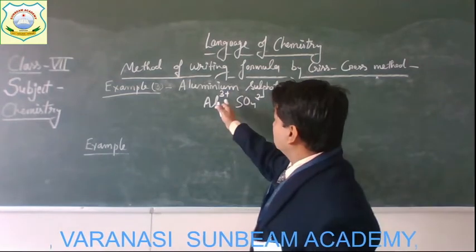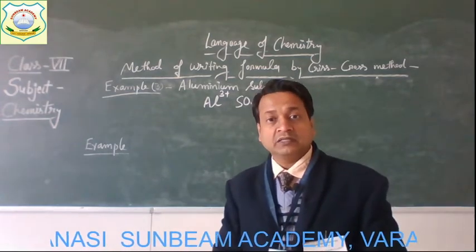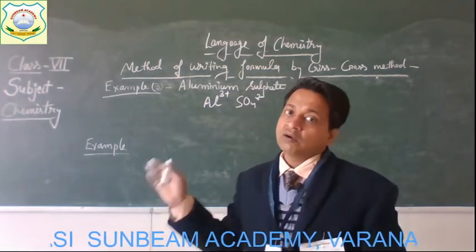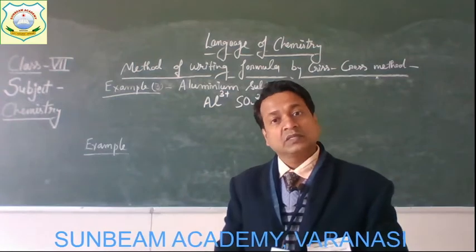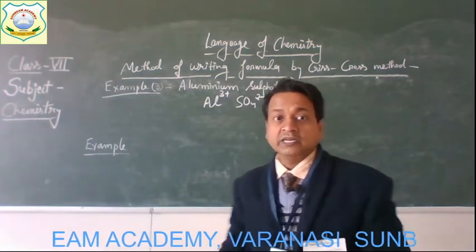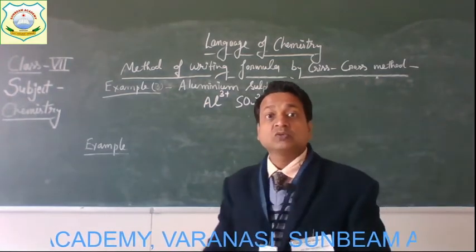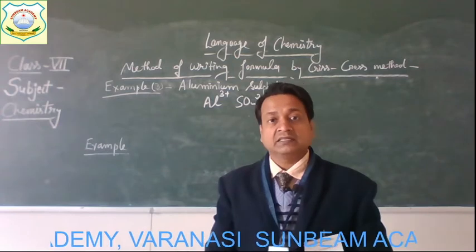In 2 and 3, there is nothing common. So now we will cross them after enclosing the compound radical. Children, here we have the sulfate as a compound radical, so we will enclose it within the bracket.